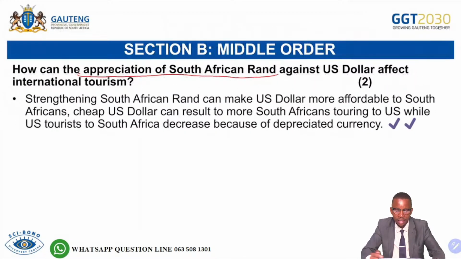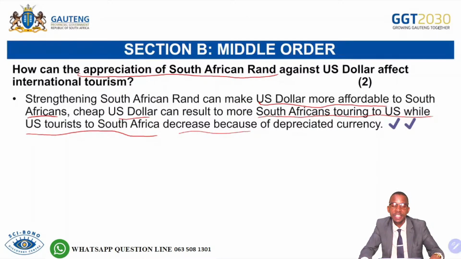So the appreciated rand makes the US dollar more affordable to South Africans, which results in more South Africans touring the US, while US tourists to South Africa decrease because of their depreciated currency. So keep this in your mind.